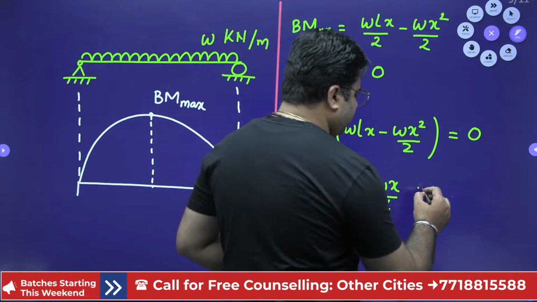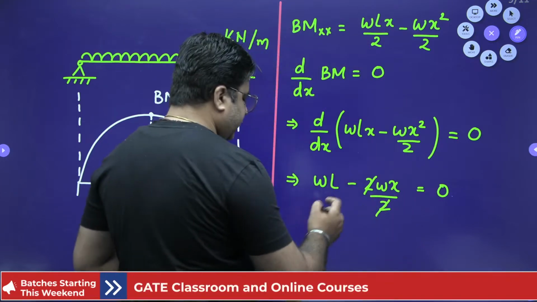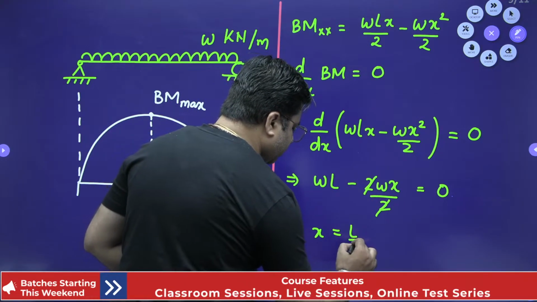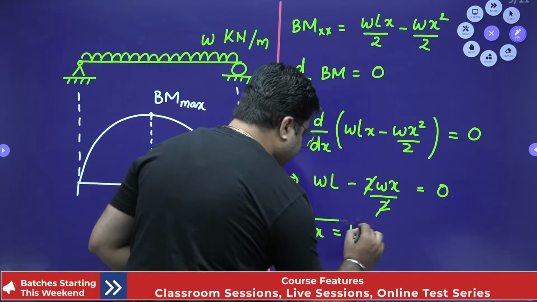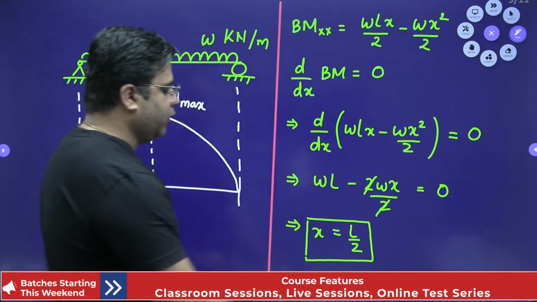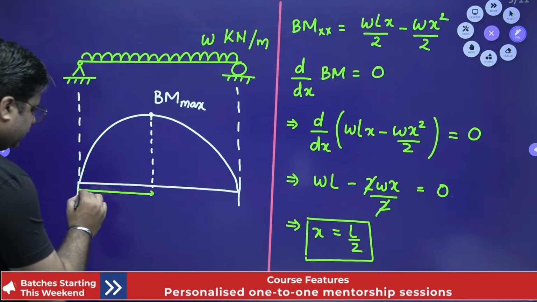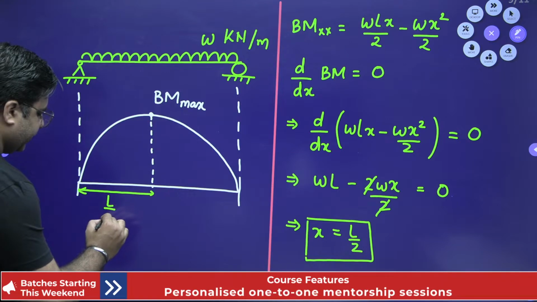And this should be equal to 0. From here, when you calculate the value of X, X comes out to be L by 2. So at the midpoint, you will get the maximum value of bending moment. This distance is L by 2, and this distance is L by 2.